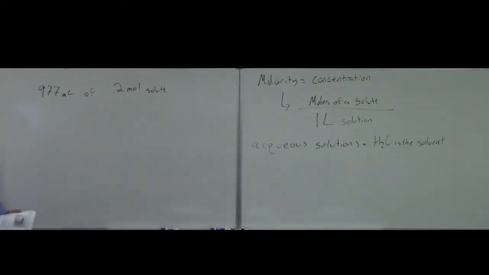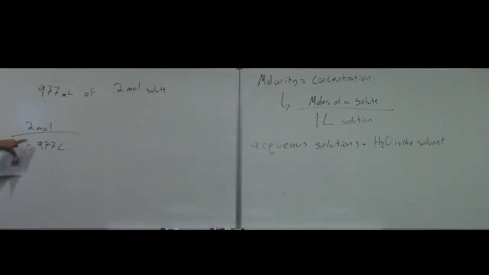So what do I need to do? You're looking for moles per liter, so I need to go to 0.2 moles and divide that by 0.977 liters. He skipped a step, which is what I did last time. If we want to do it the long way, we'd go 0.2 moles over 977 milliliters times 1 over 1,000, that's liters per milliliter.